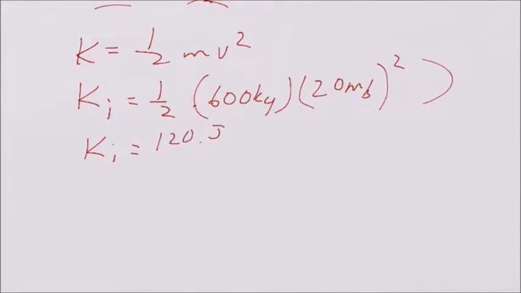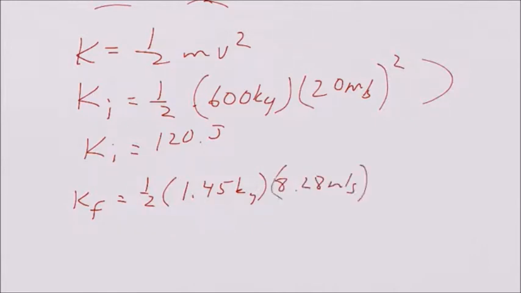Now we need to know the final kinetic energy. Well, that's going to be equal to 1/2. Remember that our two carts stuck together. Their combined mass was 1.45. And they moved off with a speed of 8.28. Solve that out, and we ended up with a final kinetic energy of 49.7 joules.